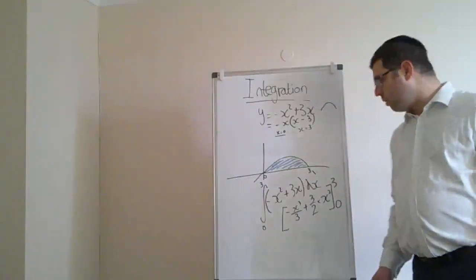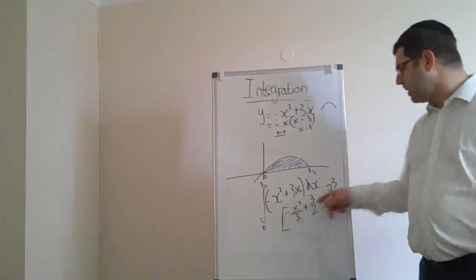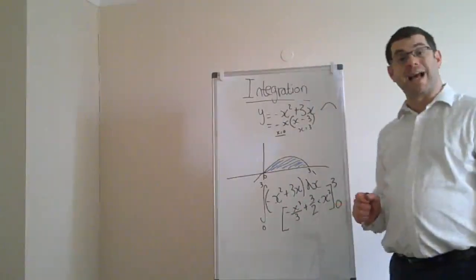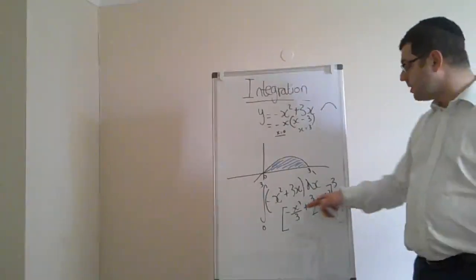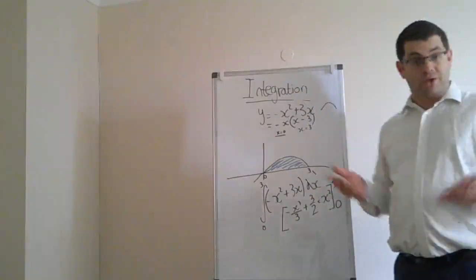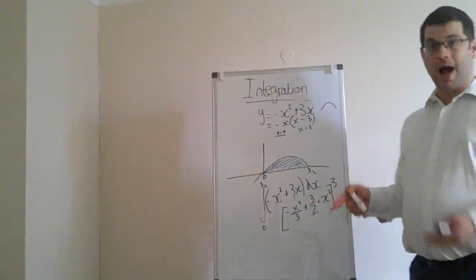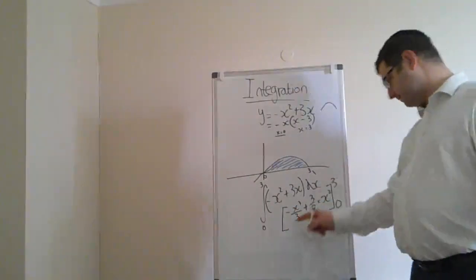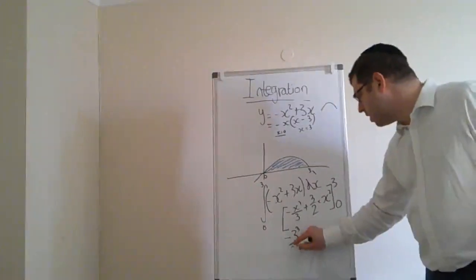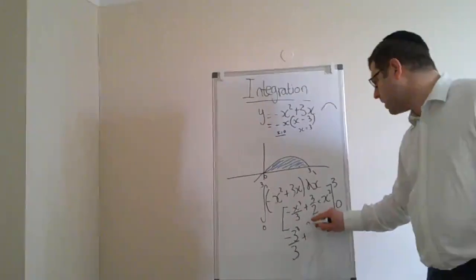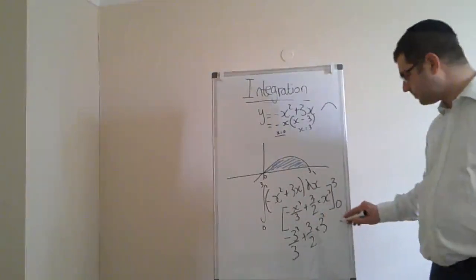Now, as we know, for a numeric definite integral, we substitute in the top limit, substitute in the bottom limit, and subtract. It is quite nice, however, to notice when you put 0 in, you get 0, so really we just need to insert 3 and effectively subtract 0. So if we insert 3, we get minus 3 cubed over 3 plus 3 over 2 multiplied by 3 squared.